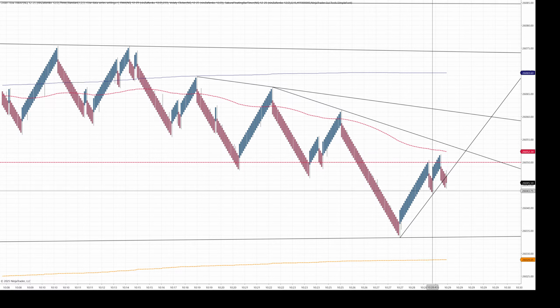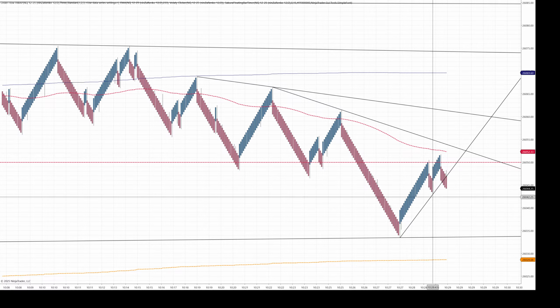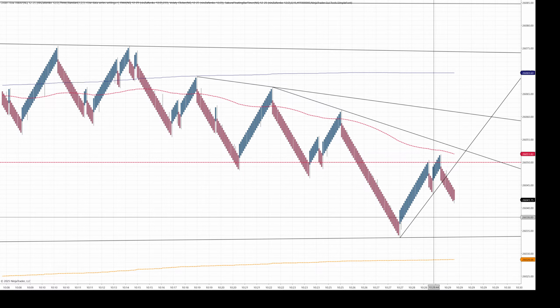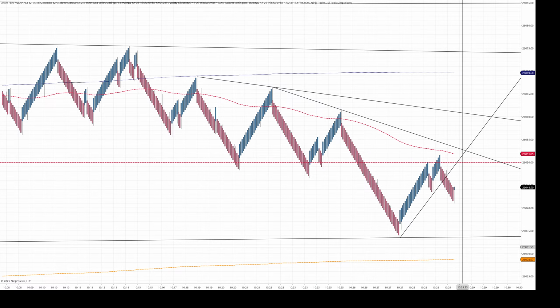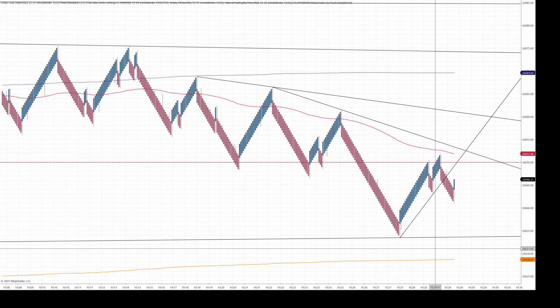I thought this setup was actually really good. We had a clean reversal off the 50 to come back down. We had plenty of room to hit 8 points before hitting this trend line here, and to potentially come all the way down and retest VWAP.